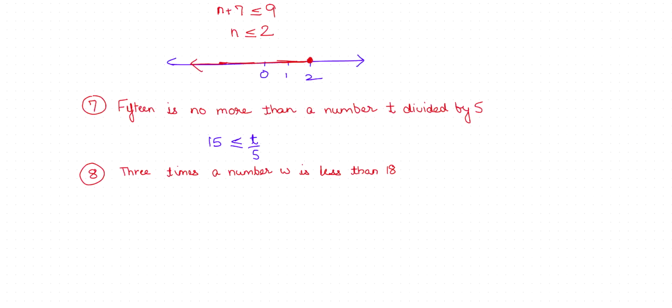Now the next question is 3 times a number w is less than 18. So 3 times a number w means 3w is less than 18. If we want to graph this, this will be w is less than 6.